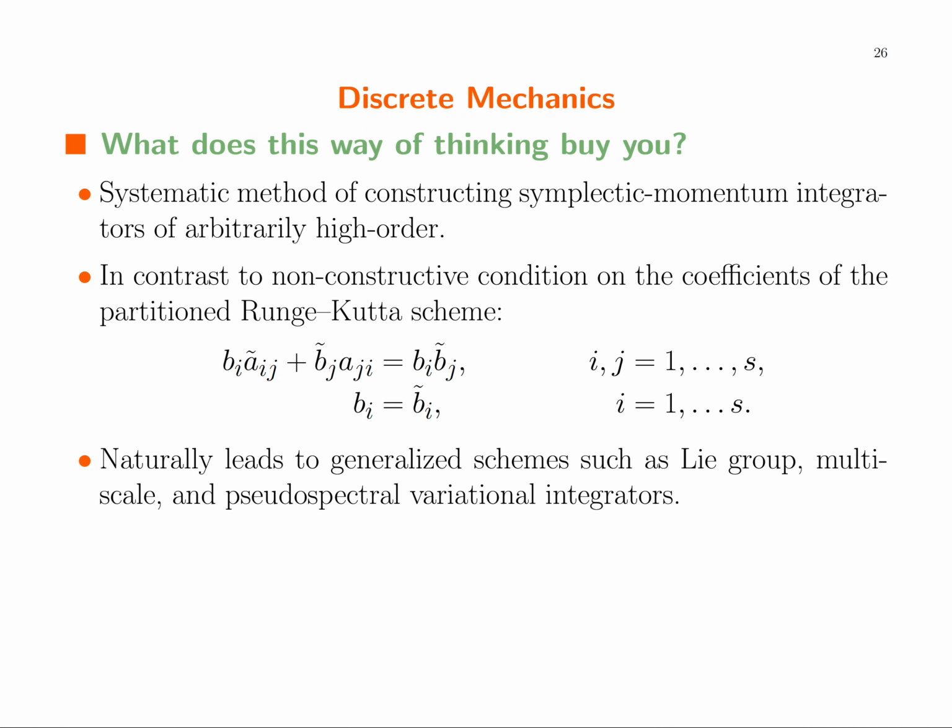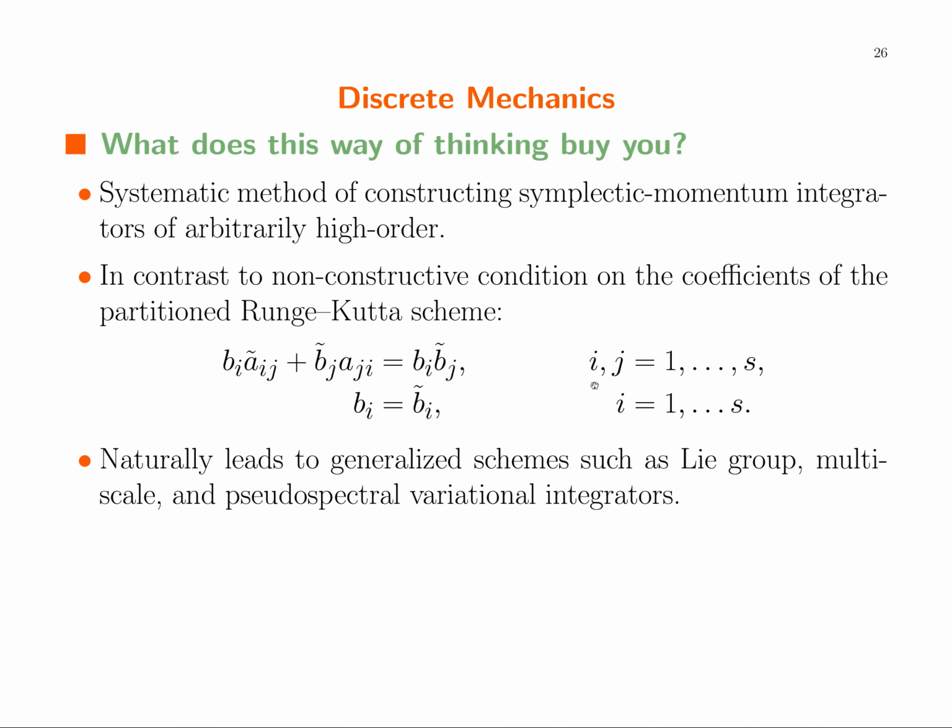So Runge-Kutta methods, which you might know, are a fairly general class of numerical integrators for systems of ODEs. And they're defined in terms of these coefficients, the aij's and the bi's. All right, so for a Runge-Kutta method to be symplectic, it has to satisfy this system of constraints. And of course, this is not a particularly constructive way of constructing a numerical method.